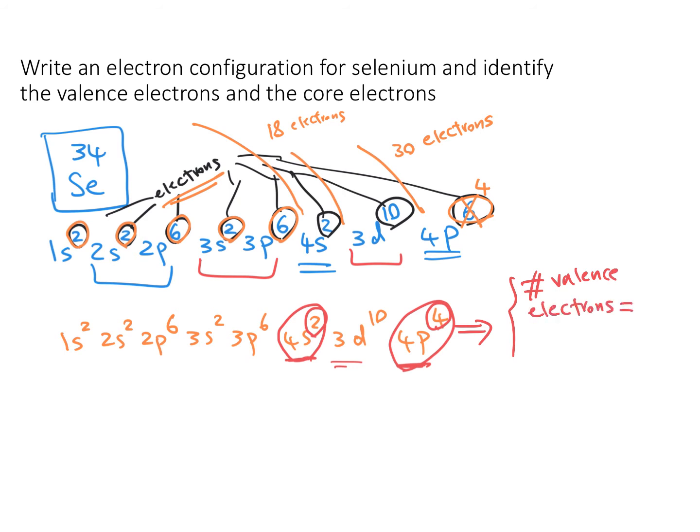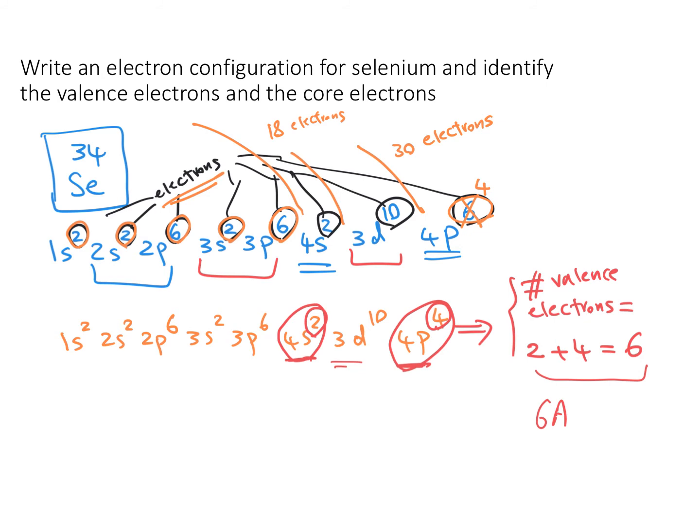As your friends say, 2 plus 4 equals 6. And you can check for your main group elements. This tells me that these elements should be in group 6A. Is it selenium? Very good. If you find 5, and then you see selenium is not in group 5, you know that you did something wrong, okay?